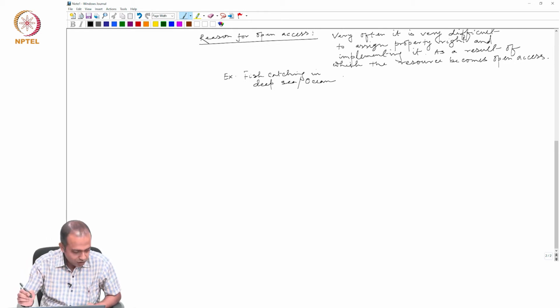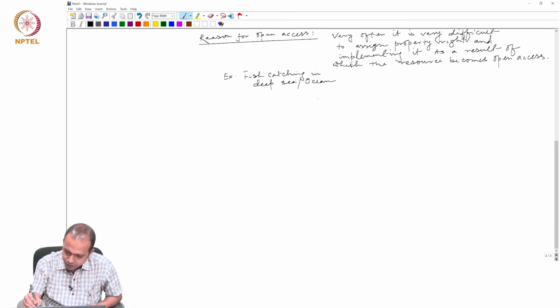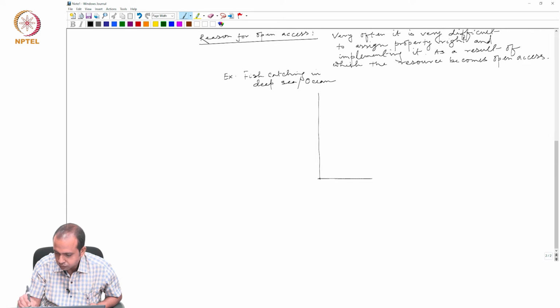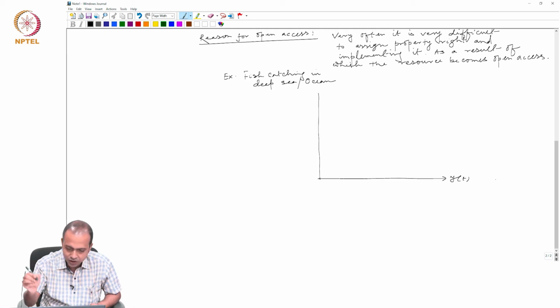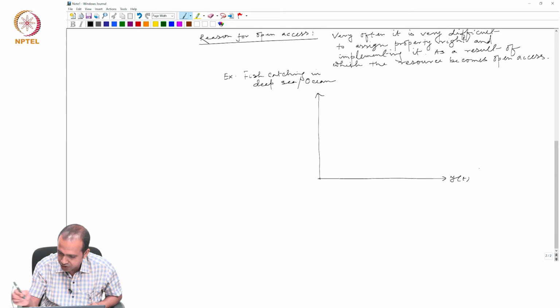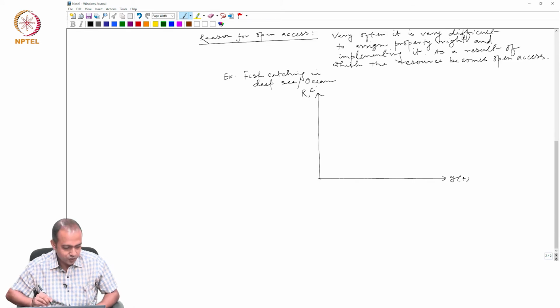So, basically if we draw a simple diagram to understand the situation, let us say that in the x axis we are measuring rate of extraction yt, and in the y axis we are measuring revenue as well as cost.